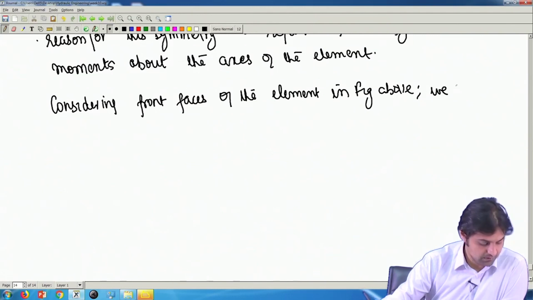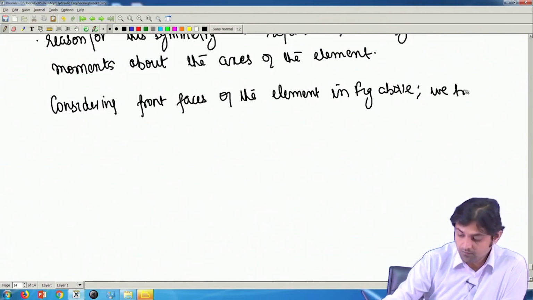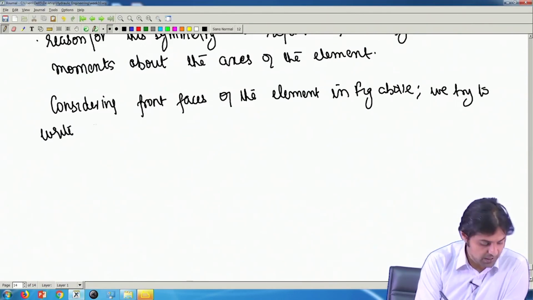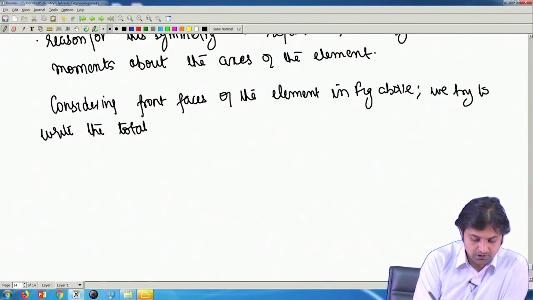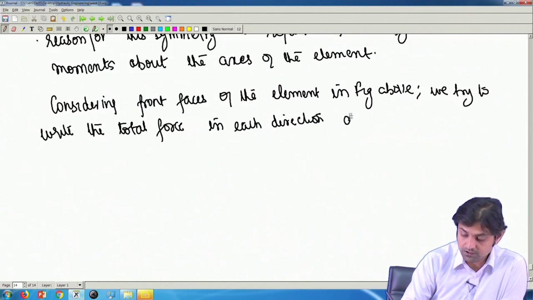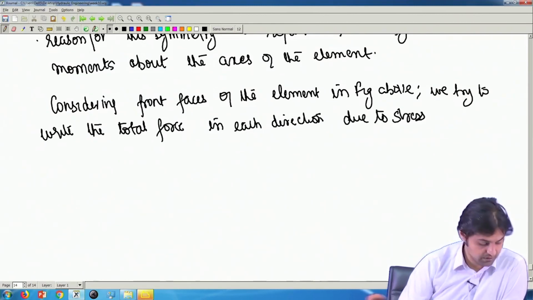We try to write the total force in each direction due to stress.